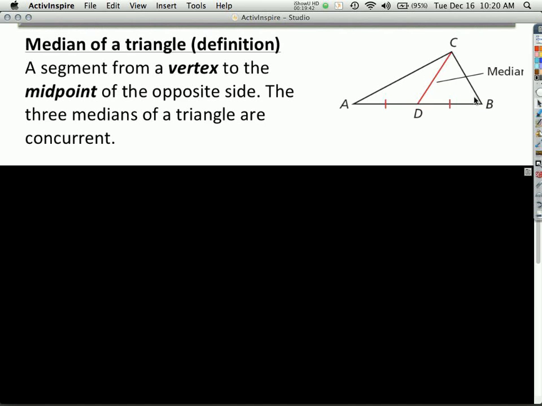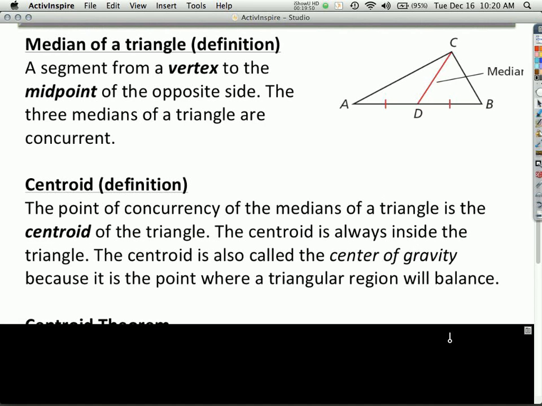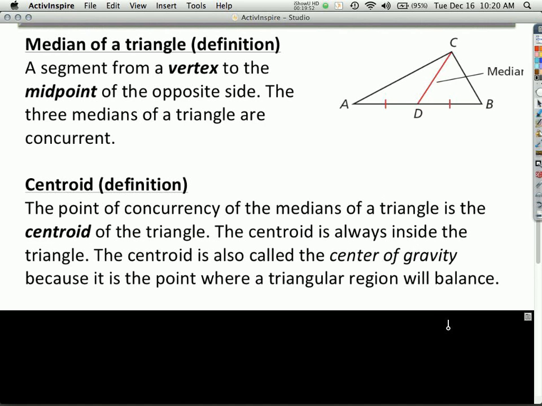So if I draw the median from this side to this vertex and this vertex to this side, we would end up with a point. That point is called the centroid. The centroid is the point of concurrency of the medians of a triangle. You saw that the circumcenter sometimes ended up outside the triangle.